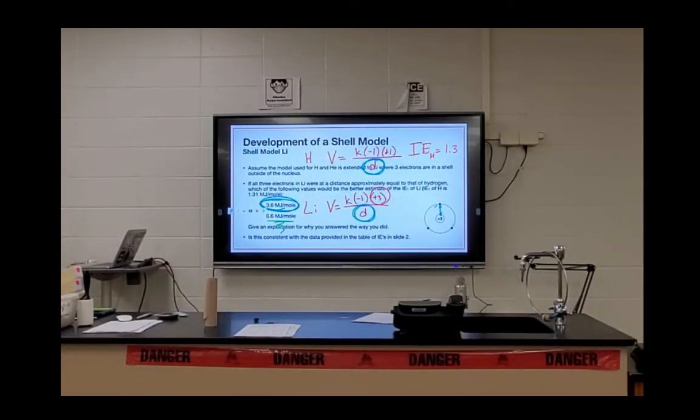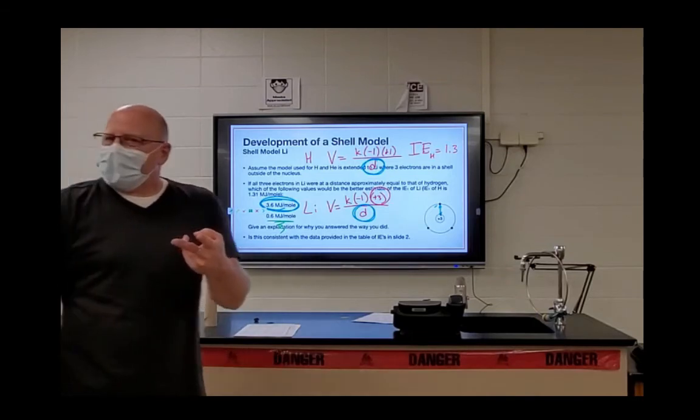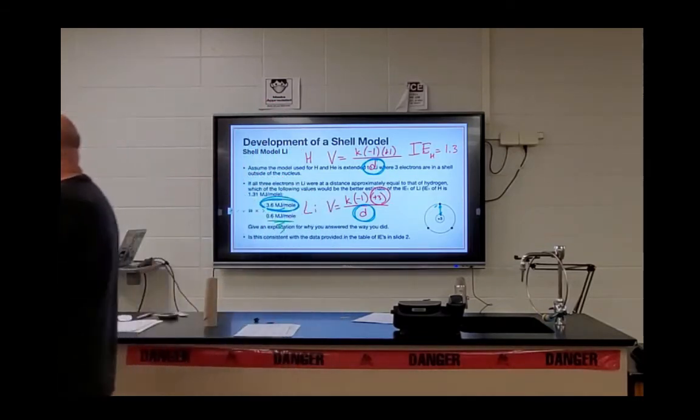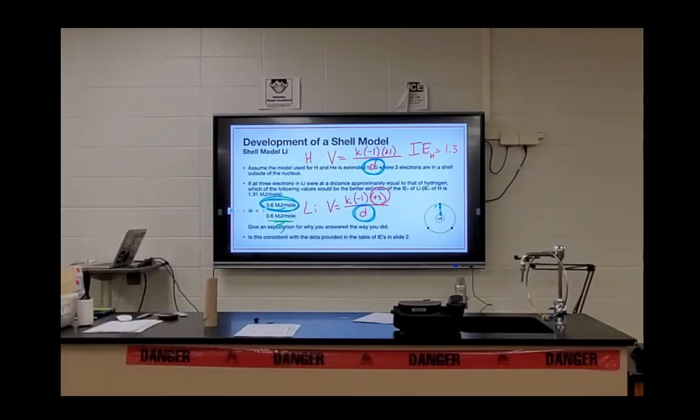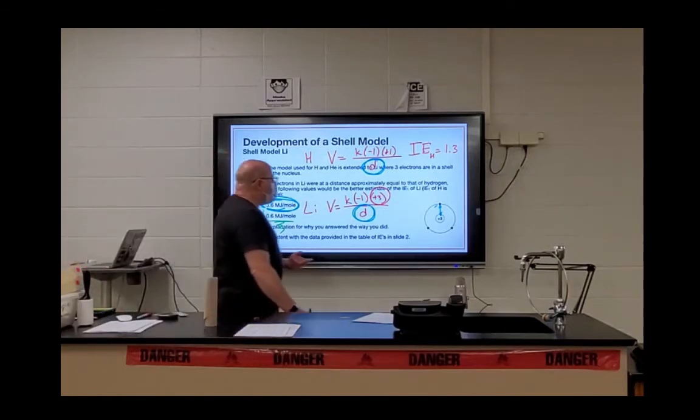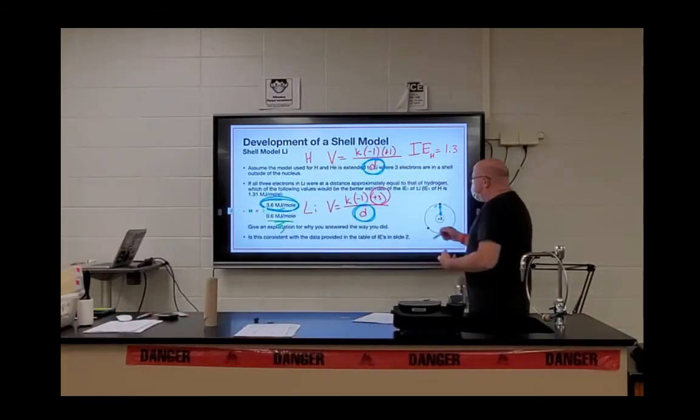Why does the first energy level only have 2 electrons? Because our experimental evidence shows us that it cannot. There's no way that we can explain the model of the atom and have 3 electrons on that same shell.